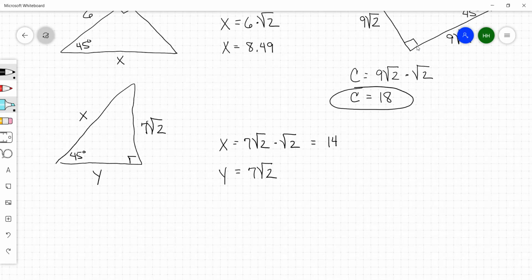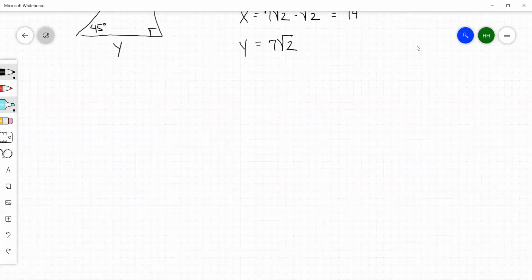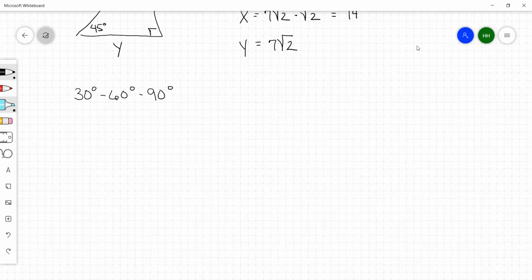All right, the second type of triangle that we're going to work with today is a 30, 60, 90 right triangle. It's the second special right triangle. 30, 60, 90 right triangle has some special rules as well. So let's look at this thing.